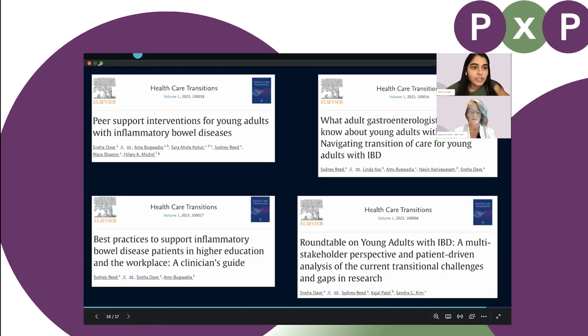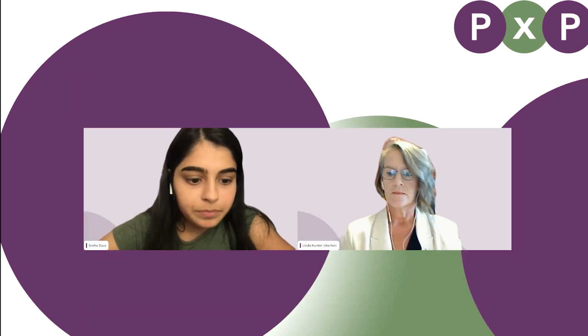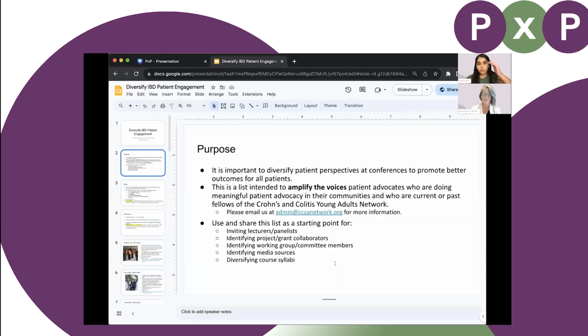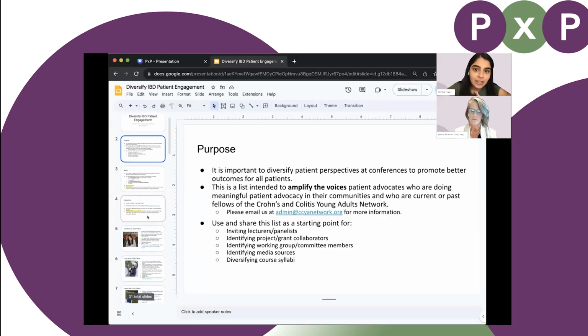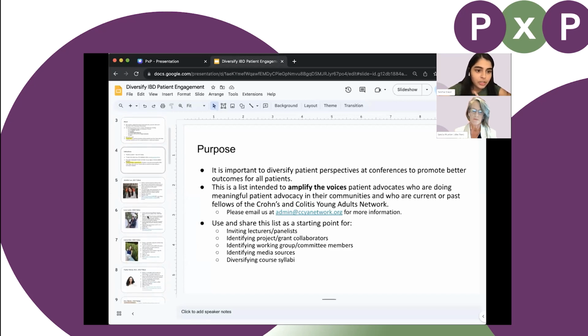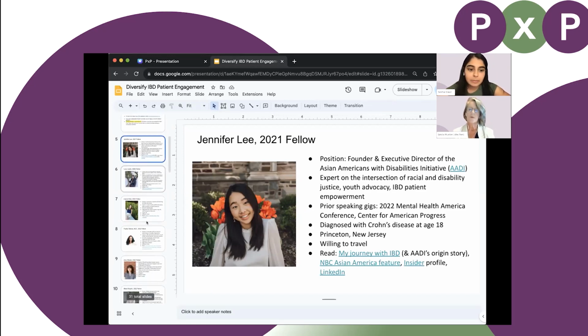And then one other thing I just think is really great, I'll just stop share for a second, is the opportunity for us to really include patients. And I think one of the ways that we try to do that, at least have an open resource for researchers, is through this very quick PowerPoint that we created that has almost 15 or 20 of our alumni who are young adults with IBD who can partner with researchers in specific areas.